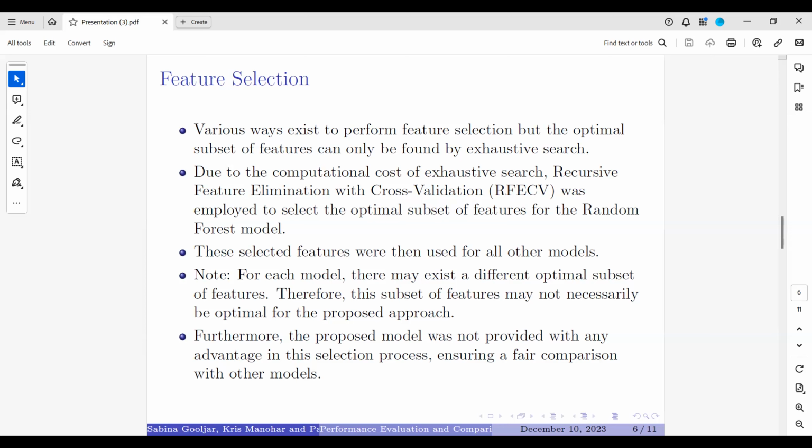We then applied this same subset across all models for consistency. Each model may have its own unique set of ideal features, but we used the same set throughout. We also noted that the proposed model wasn't given any advantage in the selection process, so we ensured a fair comparison with the other models.